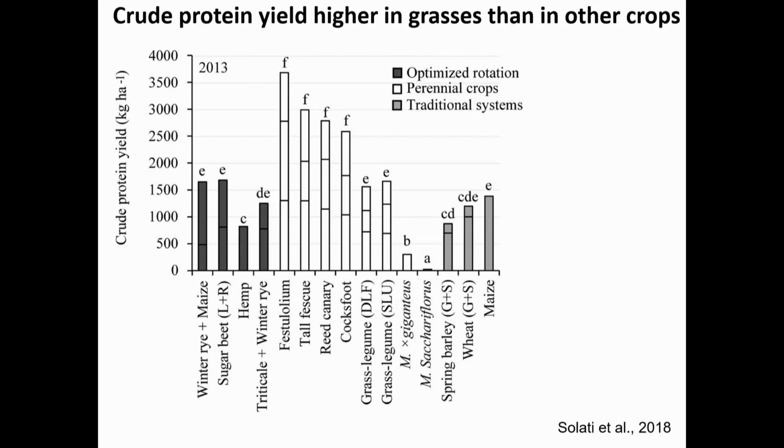And you could, for example, compare to the maize, which was quite productive on biomass, but has quite a low content of protein. So at least a double content in the grasses. It's maybe not so easy to extract that protein. Some of it is fiber bound, and so we will have to see how the total yield of protein from a field will be.